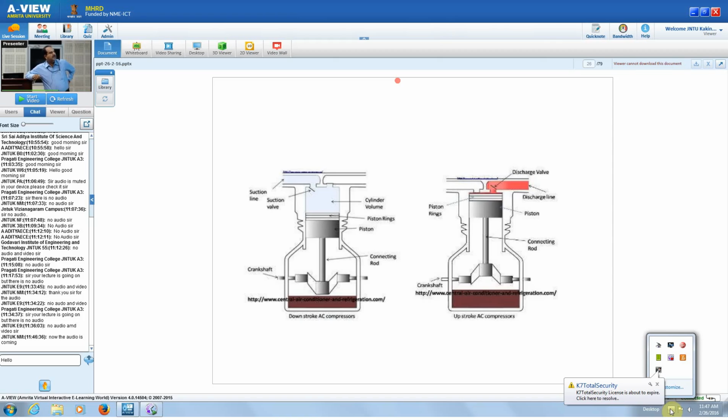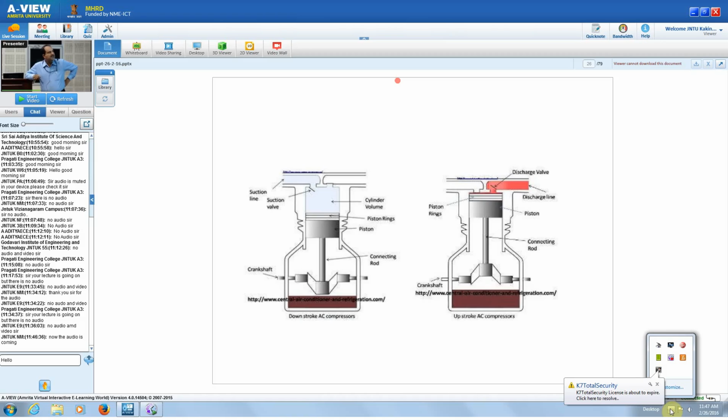So these are the parts we already know. This is the suction valve, because this is the suction side, and the pressure is called the suction pressure. Then the piston comes down. This is the camshaft here, and this is the connecting rod, and this is the piston.